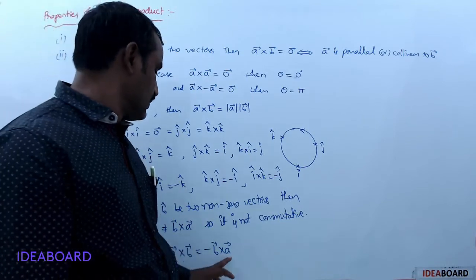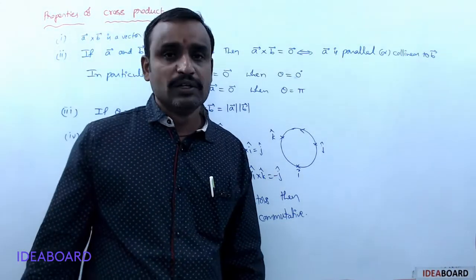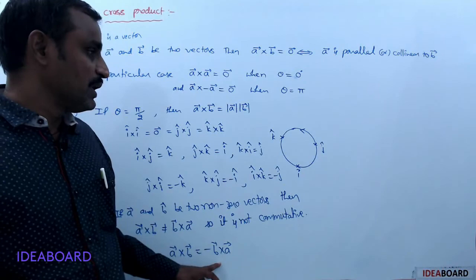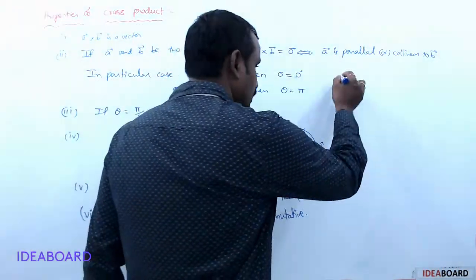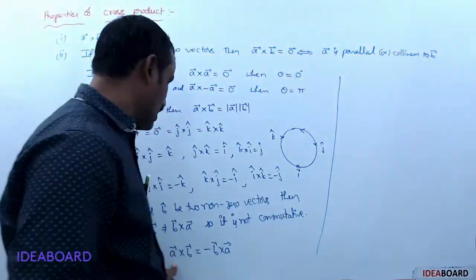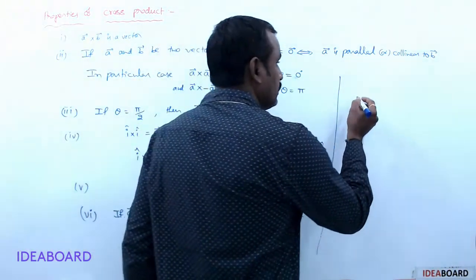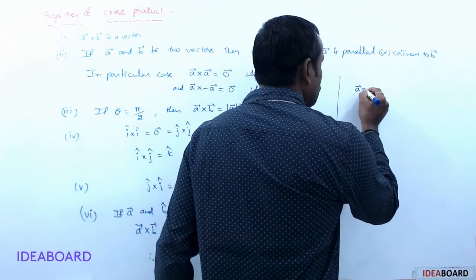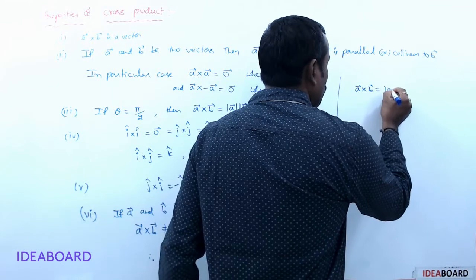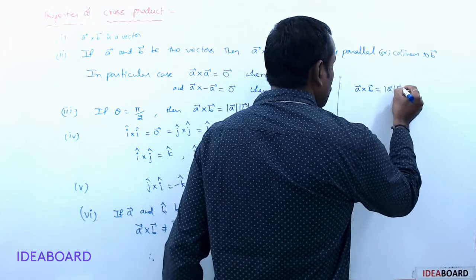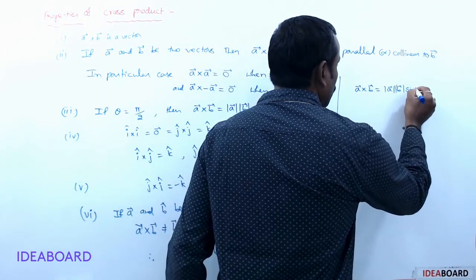So now here, you note down, most important: A bar cross B bar is equal to mod of A bar into mod of B bar into sin theta into n cap.